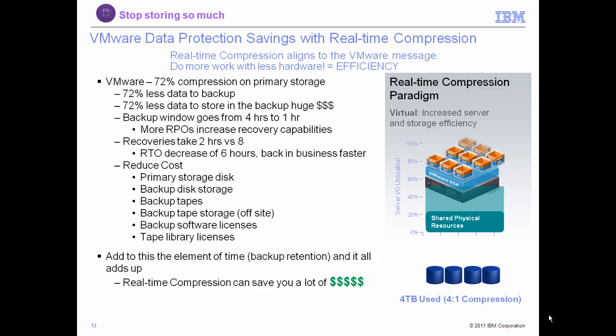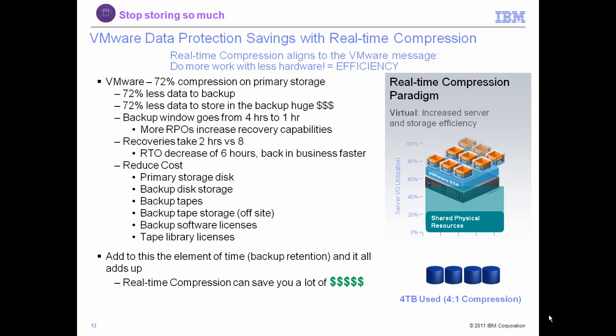What's nice about the real-time compression model is that it aligns very well to the VMware model. Essentially, it's do more with less physical stuff, which ends up equaling efficiency. So if you get 72% compression on your primary storage, that's 72% less data that you would have had to back up, 72% less data that you would have had to store in the backups.